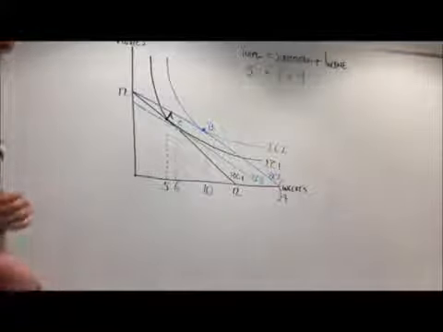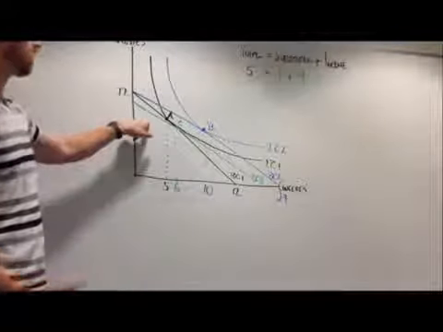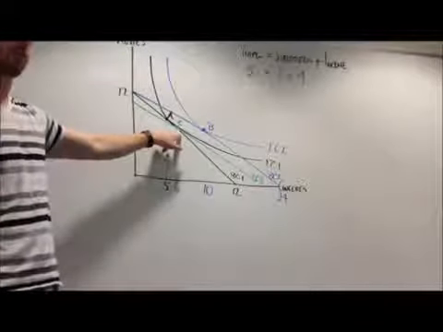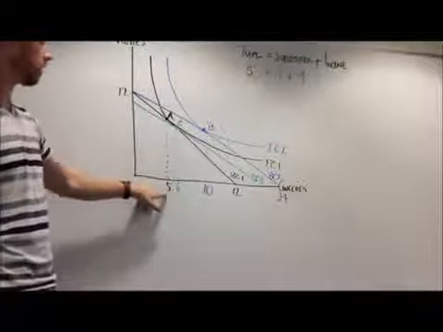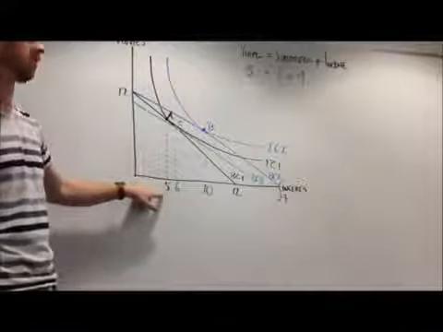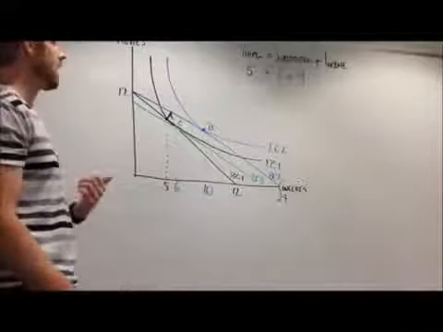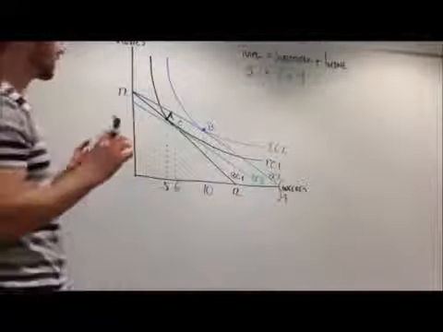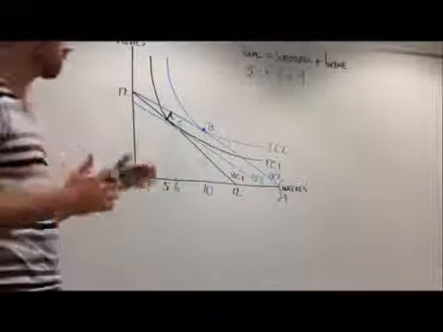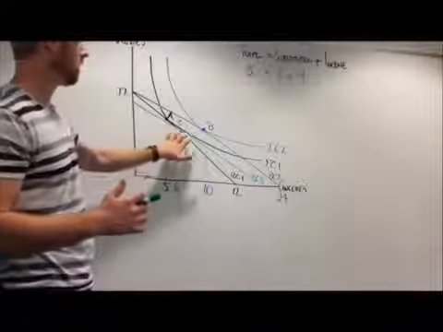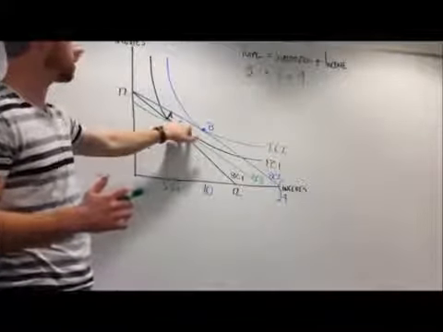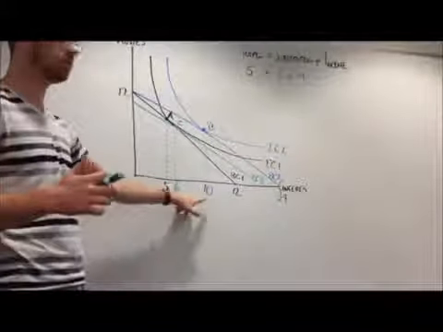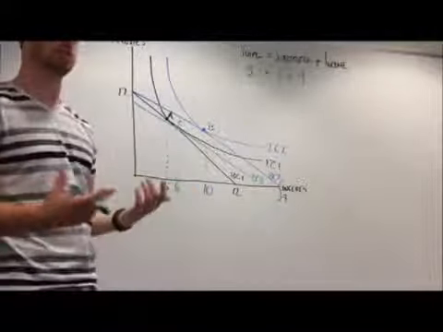To answer that, we just force our consumer to face those new prices while being stuck back at his original indifference curve, and we find that he would increase his consumption of concert tickets by just 1. And then we allow him to face those same prices, we'll leave those fixed, and then we'll just make him feel richer by pushing that hypothetical budget constraint out until we hit the real one. And the difference between those two budget constraints is 4, and that's our income effect.